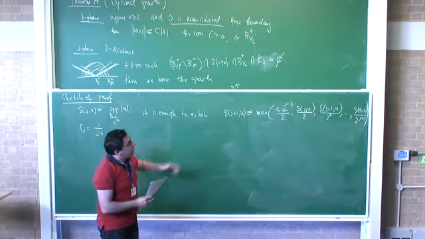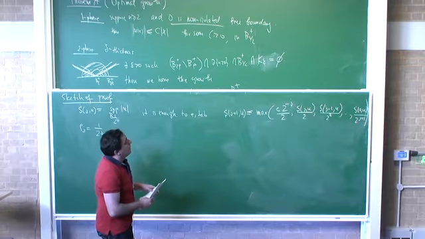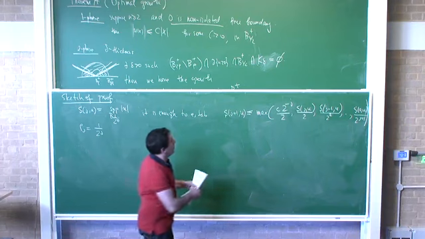Okay? So if you have this inequality satisfied, then that gives you linear growth.